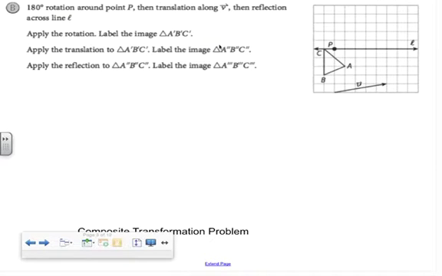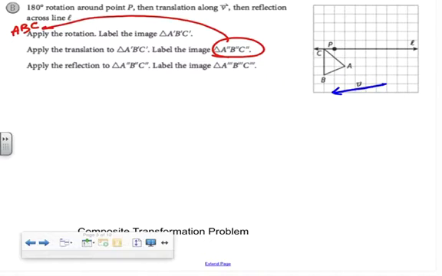So since I'm talking about what I would do to this triangle in order to bring it back to the original, let's go backwards. I would do a translation, not along this vector, but along kind of its opposite vector. Notice the difference. Its magnitude, or its length, is the same, but it's going in exactly the opposite direction.